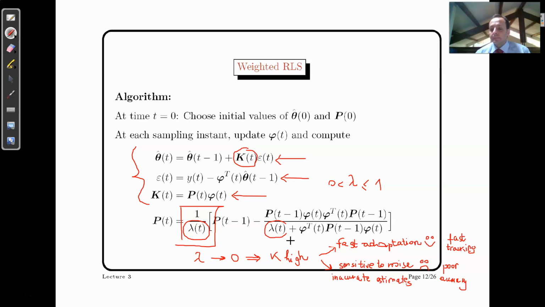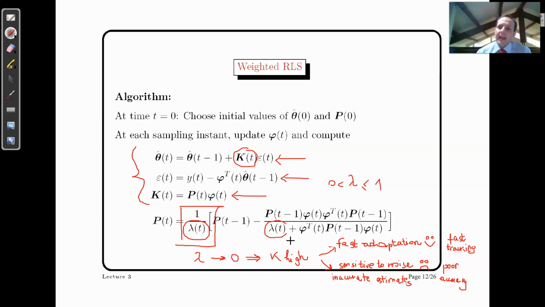So when you are selecting the value of your lambda, as it will be remarked later, you need to select it quite near to 1, because you want to reduce the effect of the noise, so you want to obtain a good accuracy of your estimates.